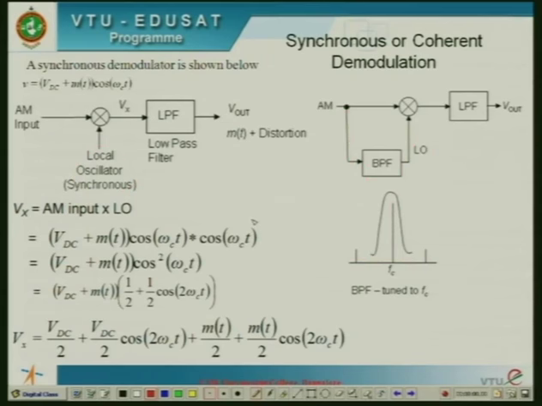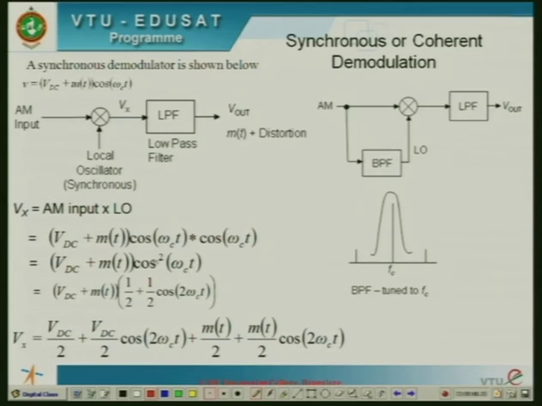So what is happening here is we are assuming that the local oscillator signal which is going to be generated is actually extracted from the AM signal itself. Now assume that the local oscillator frequency and the carrier frequency are identical. Multiplying (VDC plus m of t) cos omega ct into cos omega ct, we get (VDC plus m of t) into cos square omega ct.